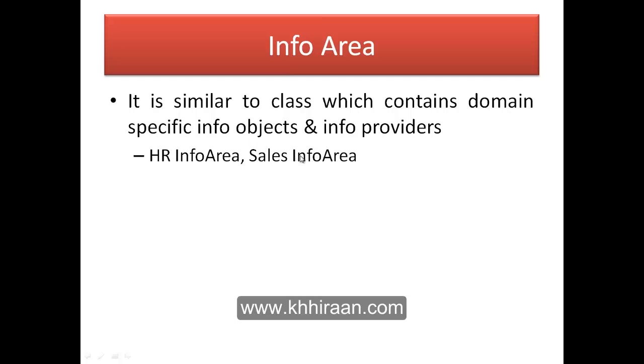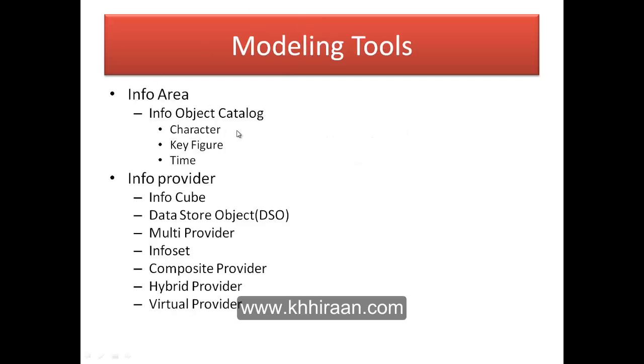It is a main class which contains domain-specific InfoObjects and InfoProviders. If you want to create any of the objects in the list below the InfoArea, first we need to create an InfoArea. InfoArea is a main folder where you can organize your objects.